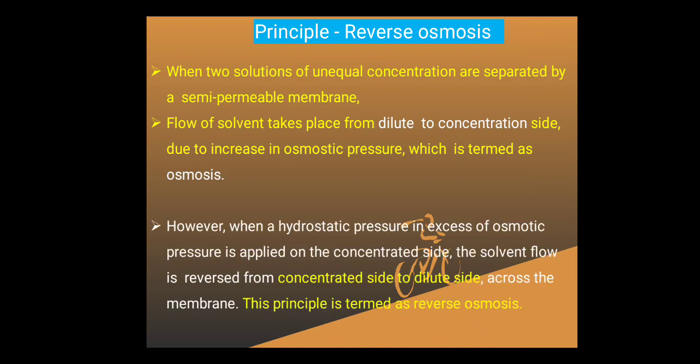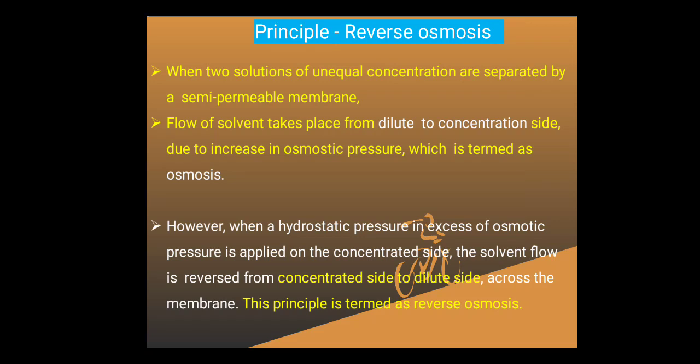As the name indicates, in reverse osmosis, when hydrostatic pressure is in excess of the osmotic pressure, then the solvent flow on the concentrated side is reversed. This flow now takes place from the concentrated side to the dilute side across the membrane, and this process is called reverse osmosis.